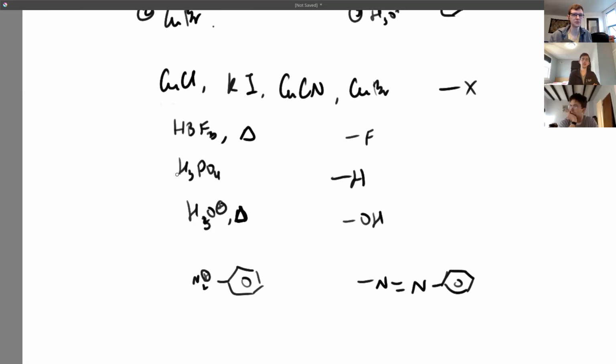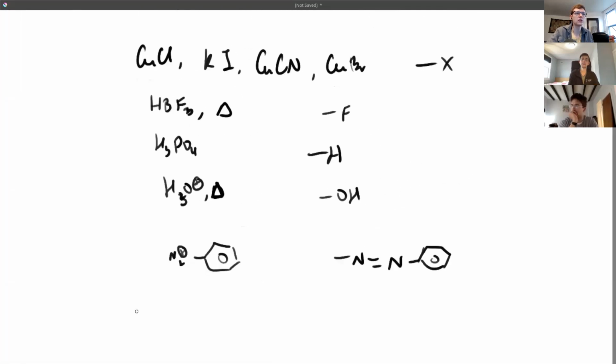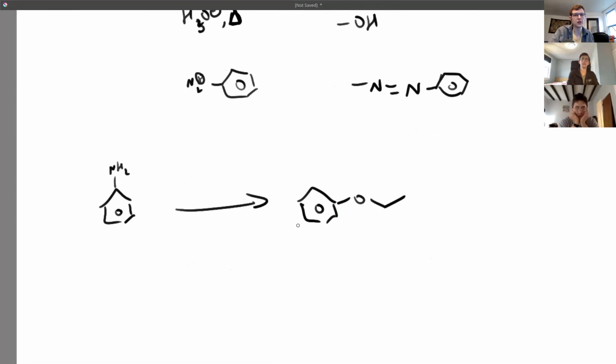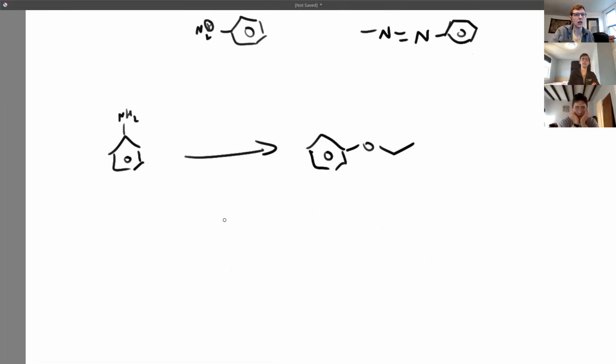Wouldn't you be better off making the Grignard? Oh, sorry, no, go ahead. It depends. If you wanted to go from here to make an ether, a really fast way might be, first step, do the Sandmeyer reaction and put a halogen on there.